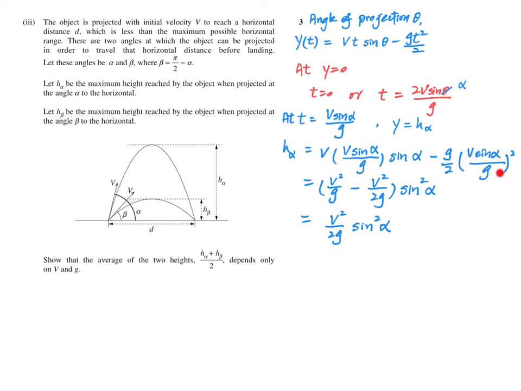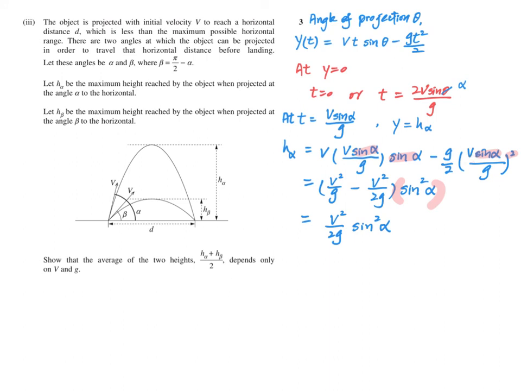times t squared. As we can see here, we have this t squared as a common factor. Therefore, we just take it out. What's being left for the first term is v squared over g minus g over 2 times v squared over g squared. So g and g squared, we cancel one out.